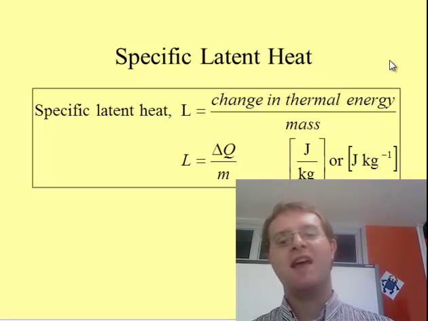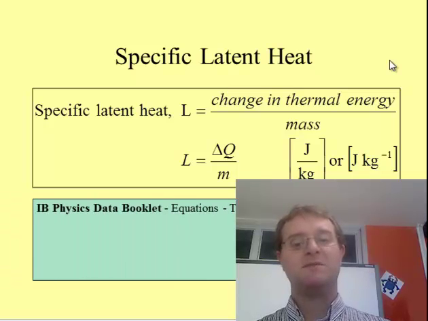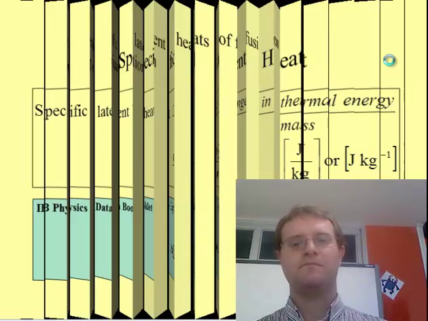This tells us how much energy is required to change the state of 1 kilogram of stuff. In your IB textbook, you'll find this as change in Q equals, which is the amount of energy going in, required to change a certain mass multiplied by the specific latent heat. So that's the formula you'll be given in your formula book.